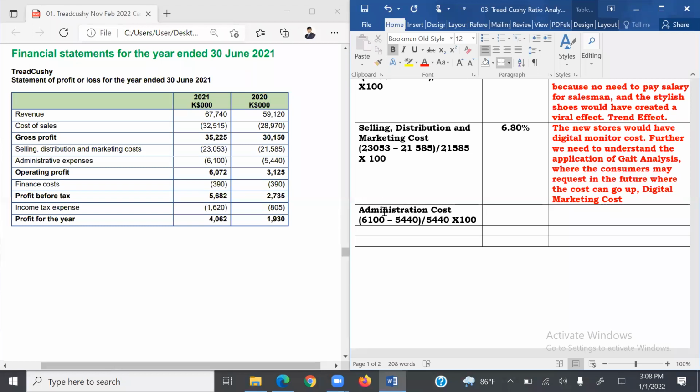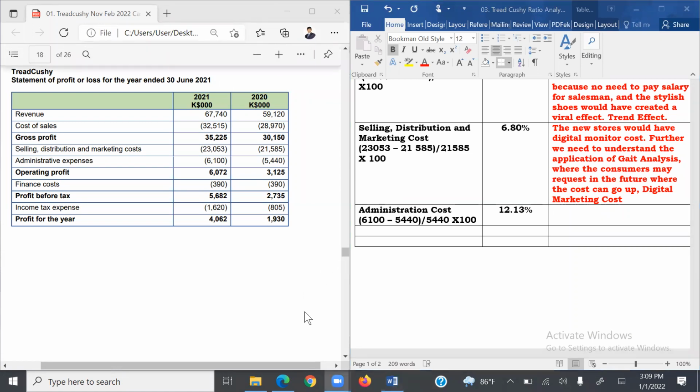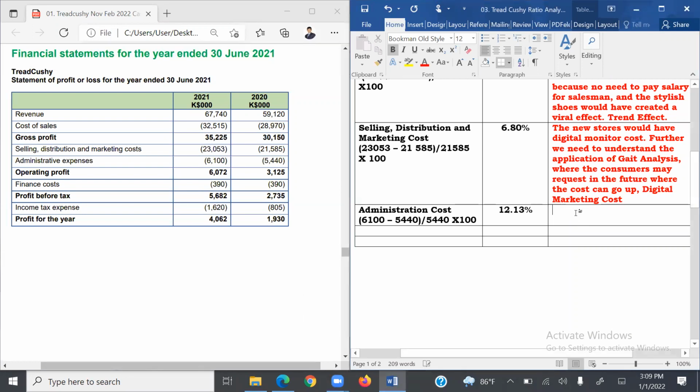Yes, we can do that, students. 6,100 minus 5,440 divided by 5,440 multiplied by 100. So students, you can get the answer, maybe 12.13 percent if I'm not mistaken. Thank you very much. So it is 12.13 percent on the change.